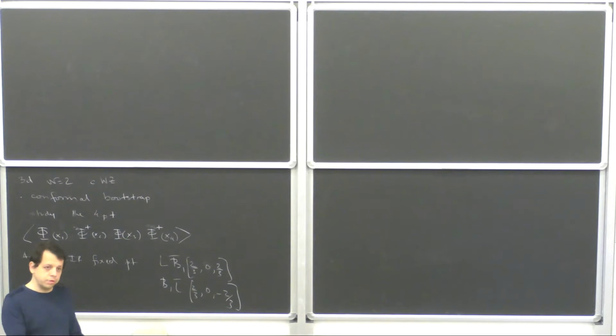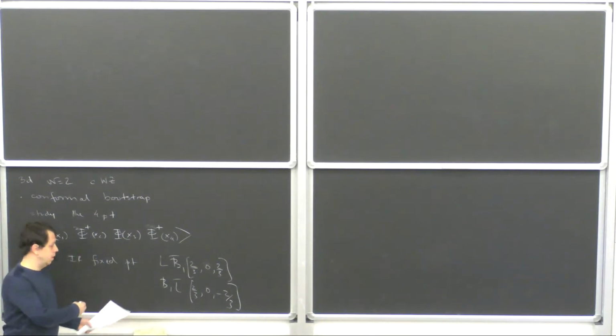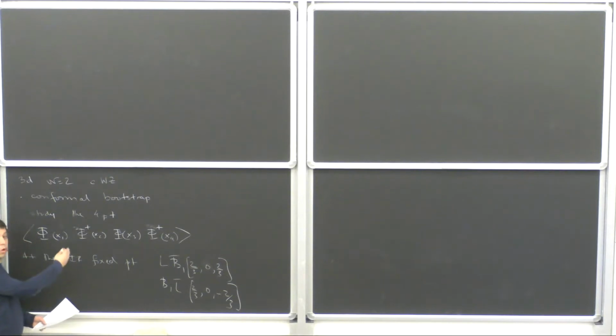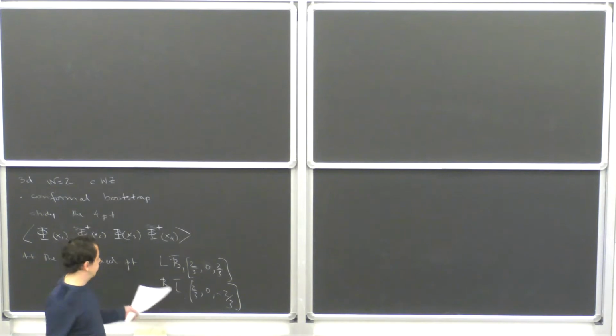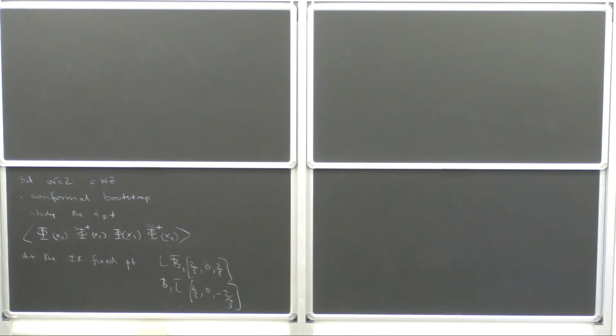So I have the conformal symmetry, but I also have these fermionic generators, the SUSY generators. And so combining all of that, I can expand these 4-point functions into what's called superconformal blocks. I'm not going to give you the details, but the logic is exactly the same. And then you ask, what are the constraints?